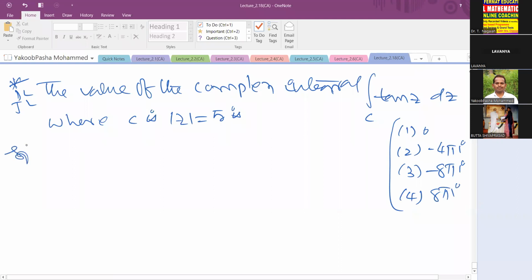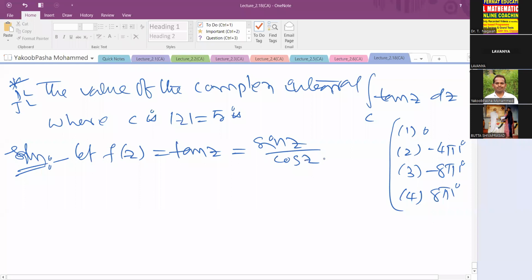So we have to see the singularities. First, I am taking the function f of z is tan z, which is in the form of sin z by cos z. For singularities, we have to take the denominator as 0. It is cos z is equal to 0.